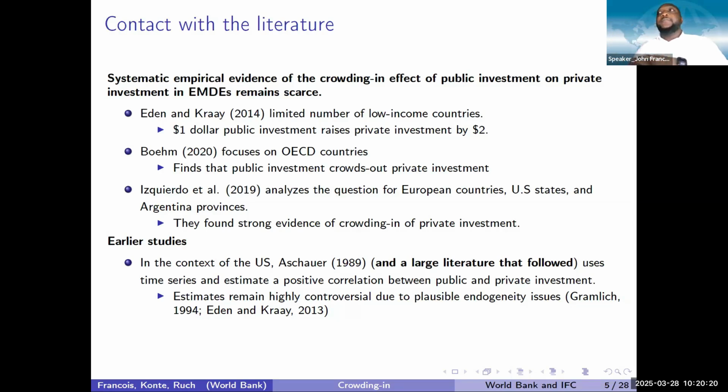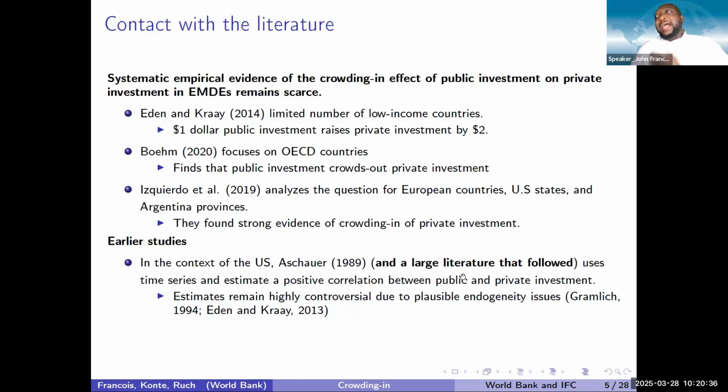Most of the literature has either focused on developed countries or specific provinces like the Argentinian states. And the Eden and Cray paper that is closest to our work focuses on just 39 countries, right?